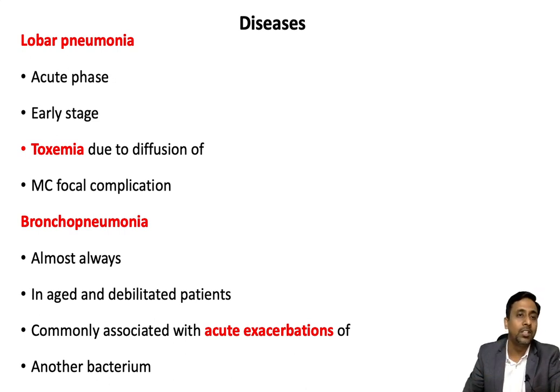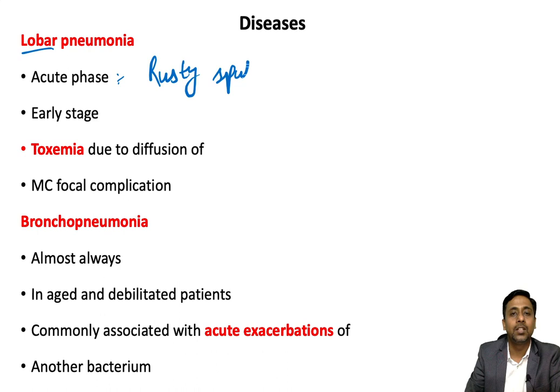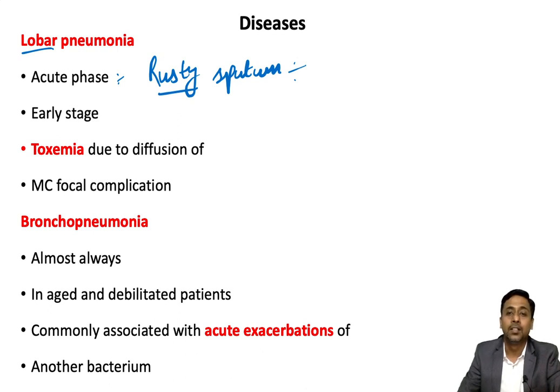Lobar pneumonia, this is most common. And in the acute phase of lobar pneumonia, you can see rusty sputum. And this rusty sputum, apart from pneumococcal lobar pneumonia, is also a characteristic feature of a parasitic infection, which is a lung fluke.